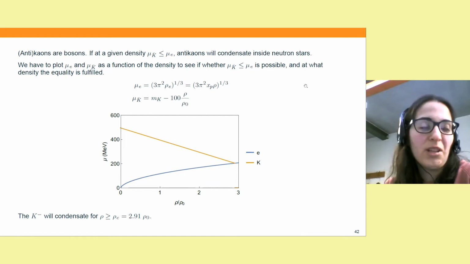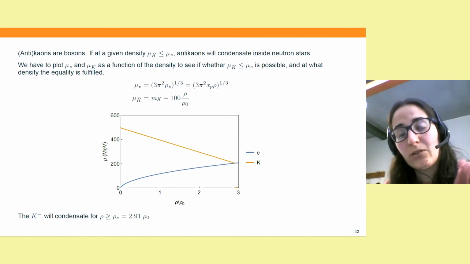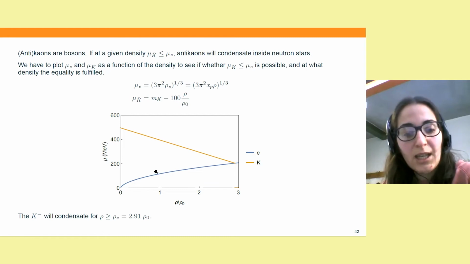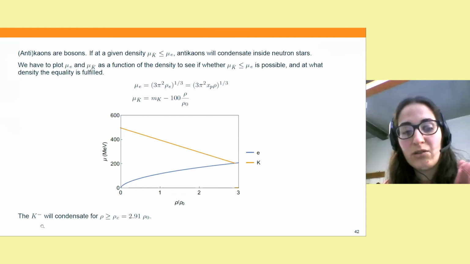Although there are some models that say maybe yes, but I really don't know much. Maybe you can ask Laura this afternoon. She might be able to give you a better answer. But kaons instead are a better possibility, and it's a possibility that people are considering rather than pions. And anti-kaons in this case, because this field is attractive in the medium. So some people think that they can appear.